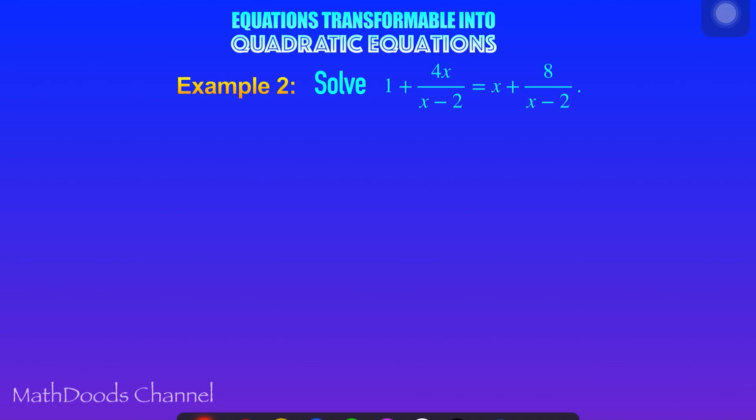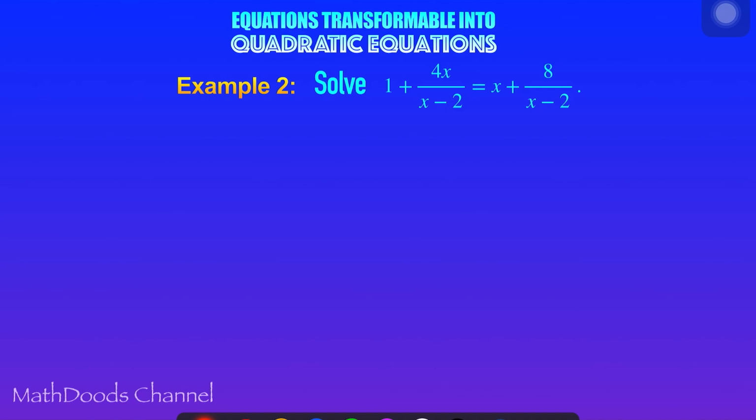Merong space para sa LCD. 1 plus 4x over x minus 2 equals x plus 8 over x minus 2. Ayan yung mga space ito, for the LCD. Para pag mag-multiply tayo, may space.